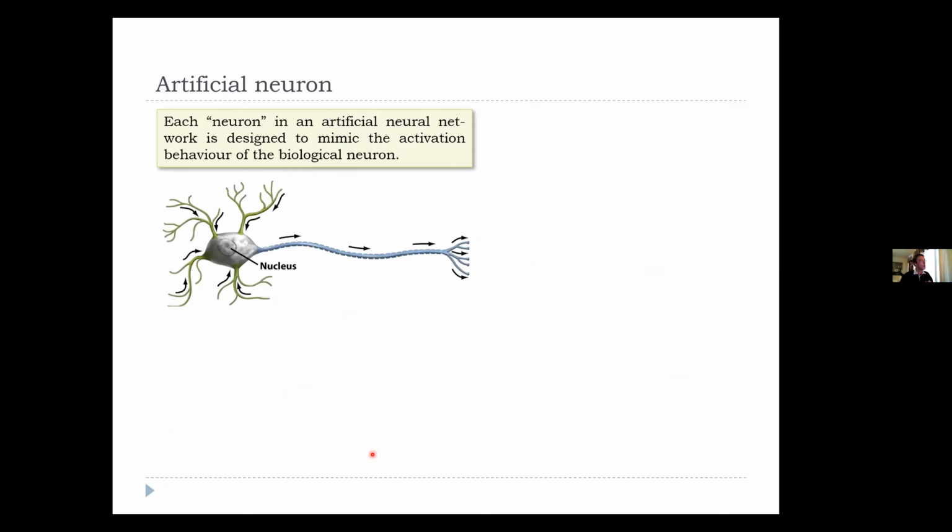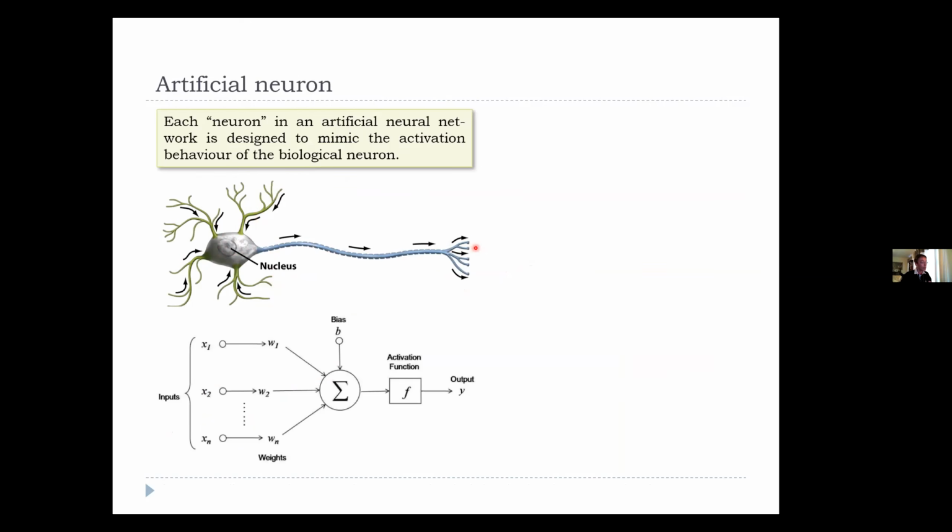So how would we model something like this? So essentially we have an object that collects incoming signals, does something nonlinear to them, and then passes the signal out. Well, let's just think about it. We can model all these inputs as some numbers that are coming in.